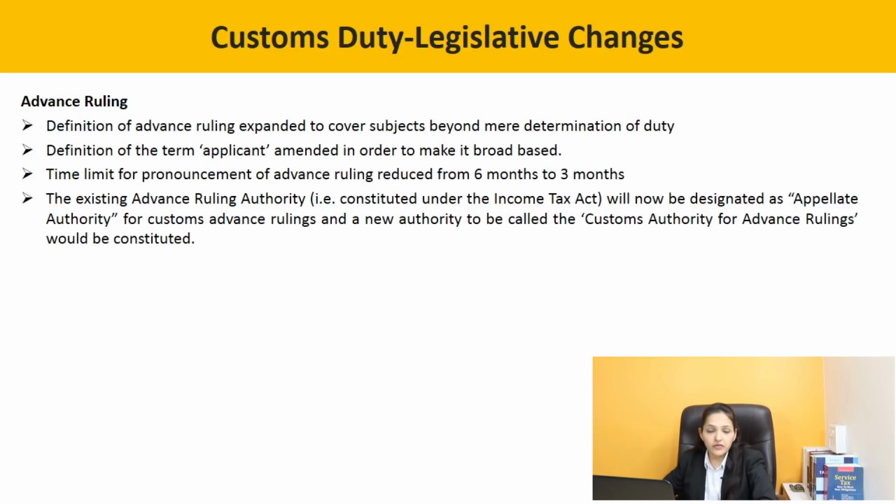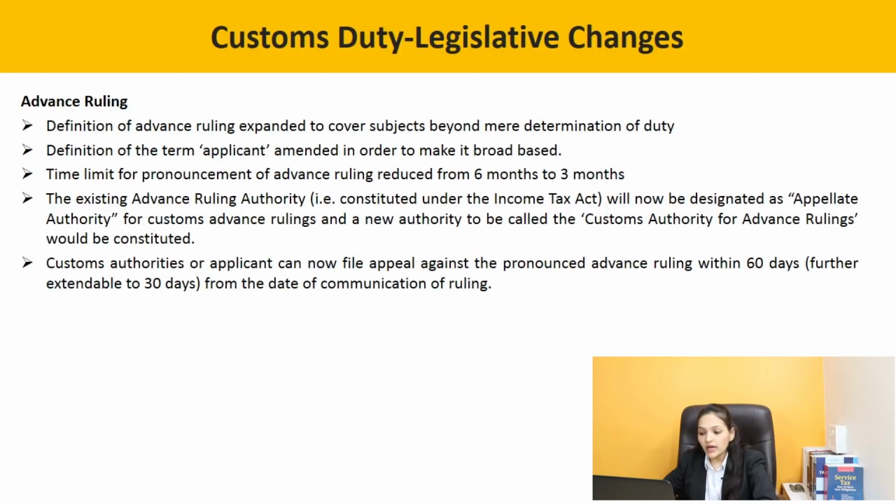The existing advance ruling authority that is constituted under the Income Tax Act will now be designated as Appellate Authority for Customs Advance Ruling, and a new authority to be called the Customs Authority for Advance Ruling would be constituted.